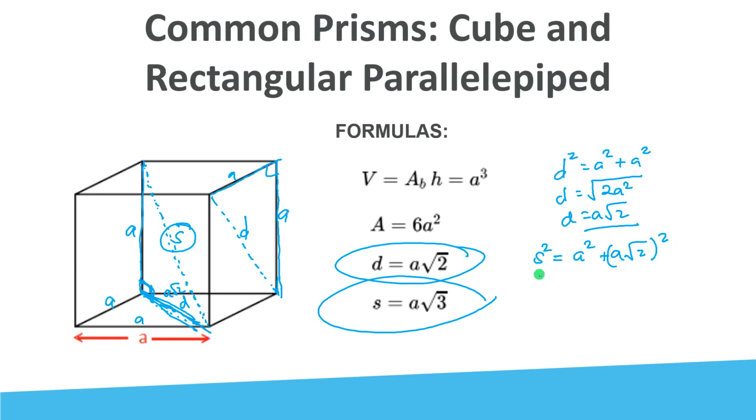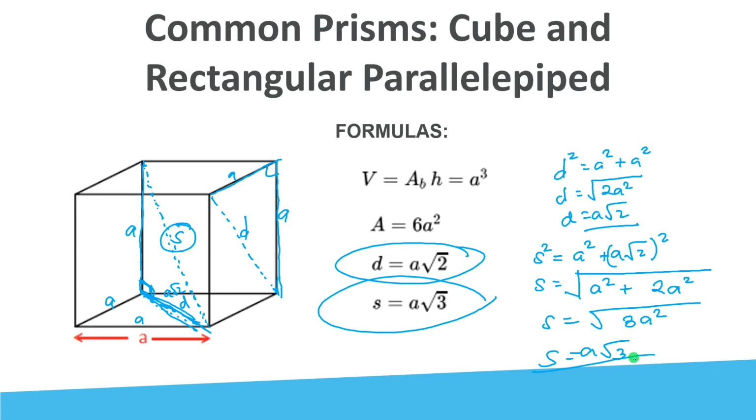Then compute S. So S equals the square root of A squared plus 2A squared. So S equals the square root of 3A squared, or A the square root of 3. That's your space diagonal.